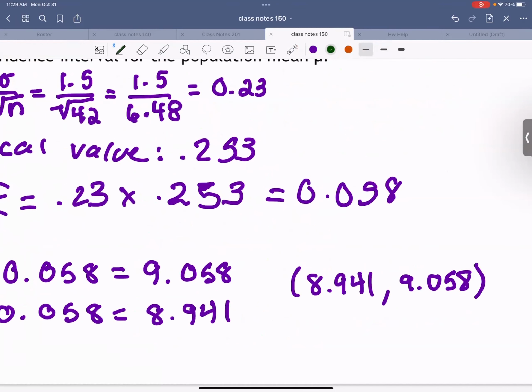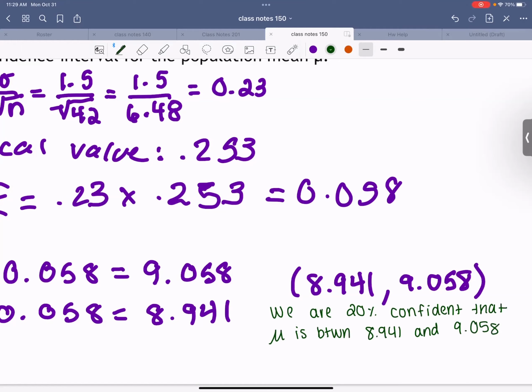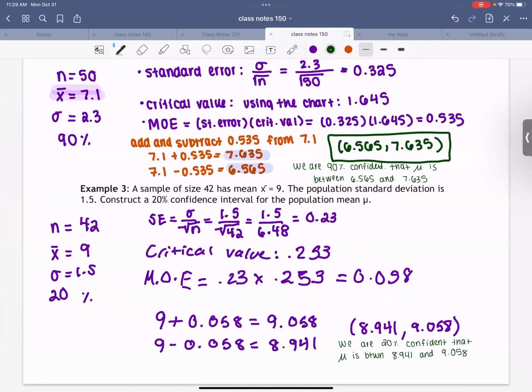The way that we would write this, I know I didn't ask it in the question, but we are 20% confident that the population mean mu is between 8.941 and 9.058. All right. Any questions on example 3?